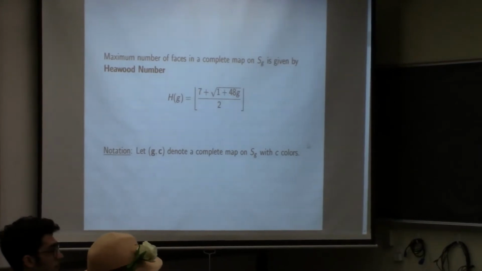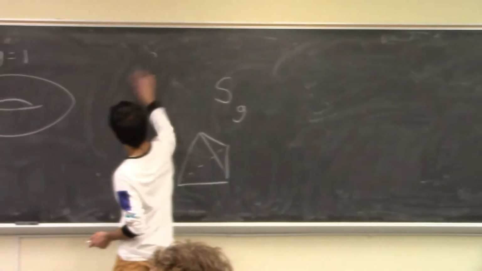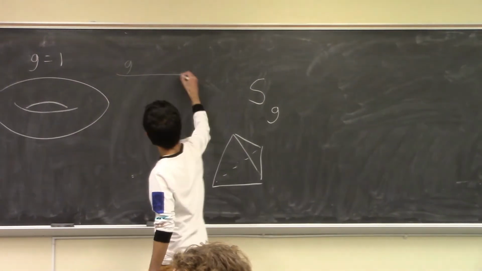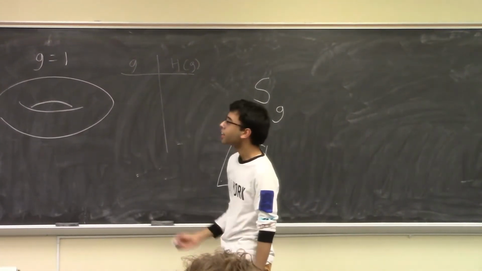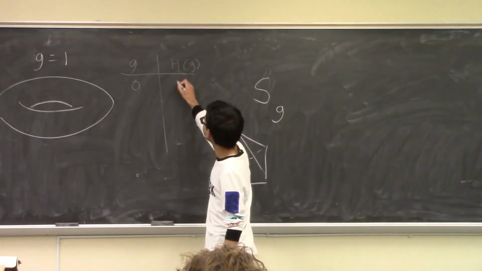So why don't I do some examples of this? Here, I'll erase some of this. So we have the genus and the Heawood number. In genus 0, if you plug 0 into that formula, you get 4.